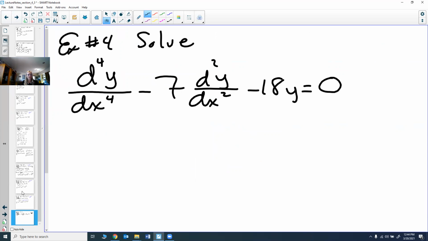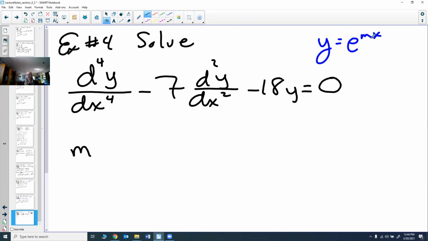Let's do one more. I do want to mention that when we have complex conjugates with higher order, it gets more complicated to try to generally write it out. So you just have to kind of do the solution and see what you come up with. Let's try this equation. As a reminder, you are letting y equal e to the mx. This means I'm taking the fourth derivative.